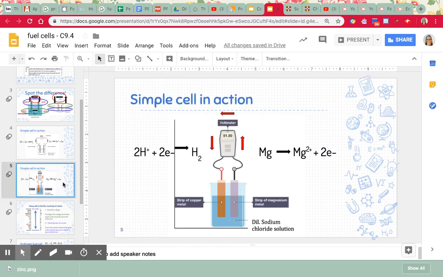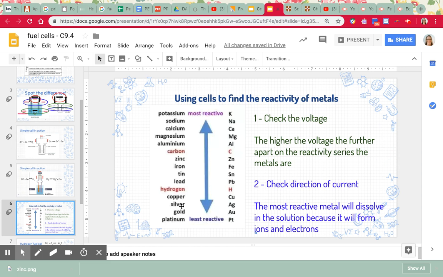So say in this case we replaced magnesium with something that was less reactive than copper. Say we replaced it with silver. Well, silver would be less reactive than copper on our reactivity series.